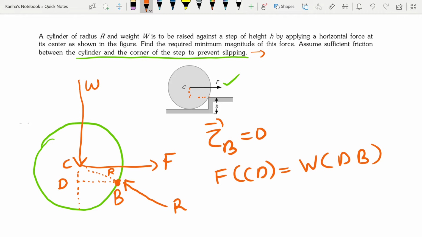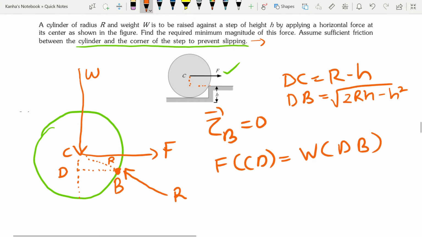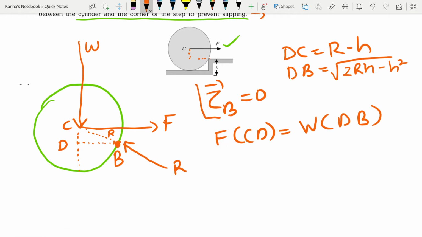Now what is CD? CD is nothing but R minus h, whereas dB is nothing but root over 2Rh minus h square. Basically you just need to apply this at the point of contact.